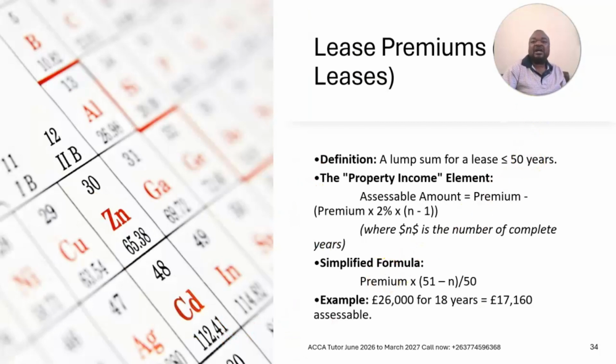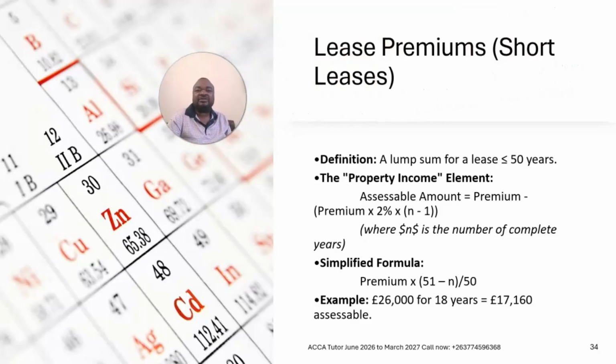Now, what about lease premiums? Lease premiums, short term leases. A premium here is the lump sum for a lease which is less than 50 years. So the property income element is the assessable amount, which is equal to the premium.